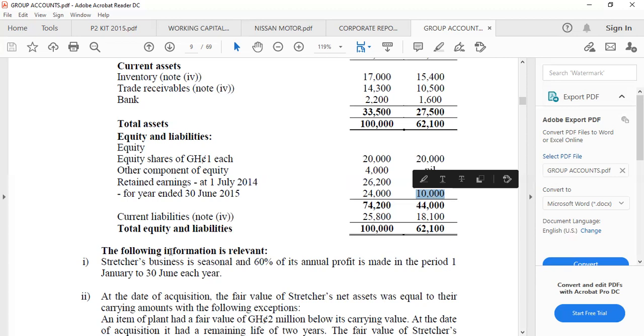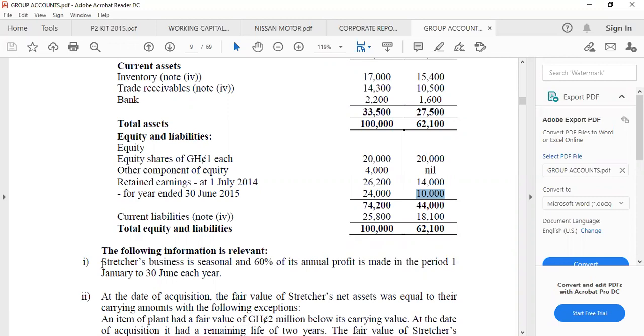Let's look at additional information 1. What are they saying there? The business is seasonal, and 60% of its annual profit is made in the period 1st January to 30th June each year. So what are they trying to say? It means that 60% of the profit was for the post-acquisition period, which is January to June.